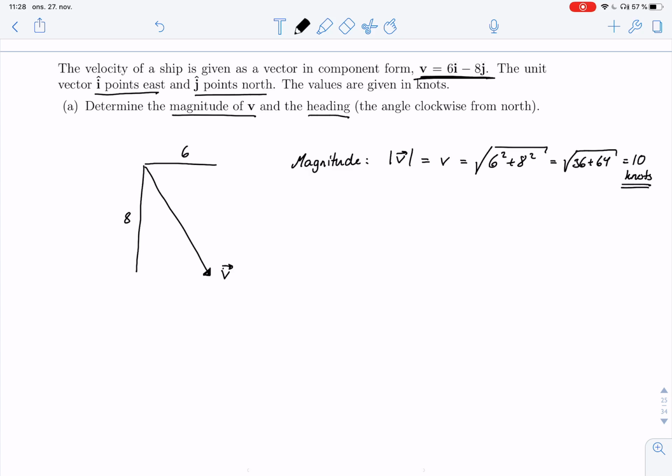The angle, or the heading. Now we want the angle clockwise from north. So this would be north, and we want this angle here. In order to find that, we need to use tangent. Let's call this angle theta.